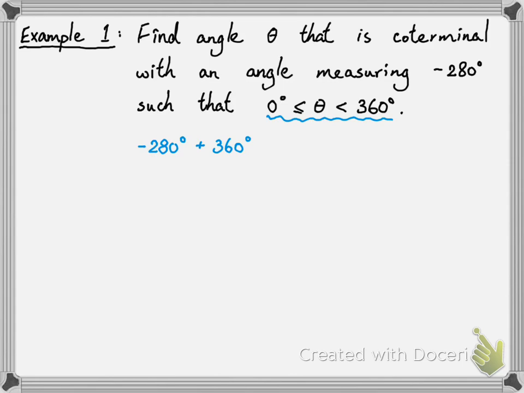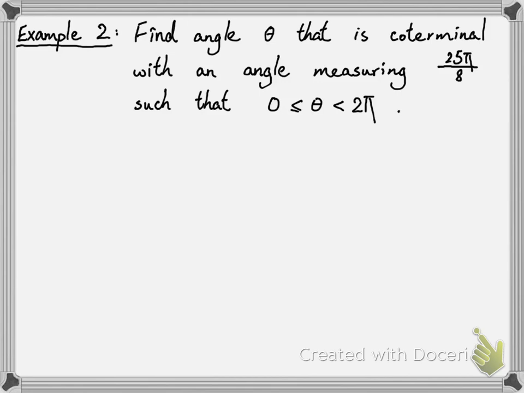If we have negative 280 degrees plus 360 degrees, our answer equals 80 degrees. And that's it. Theta equals 80 degrees. That is the coterminal angle with negative 280 degrees.